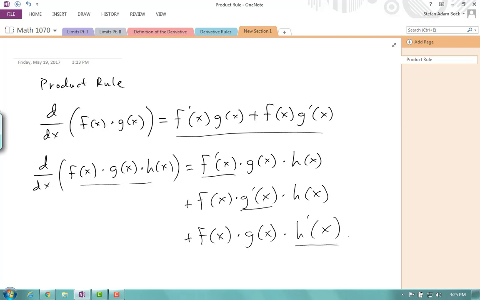So if I have too many things multiplied together and I'm trying to take the derivative, I could end up doing a whole lot of work because I basically have to rewrite it every single time, just changing the term I take a derivative of.